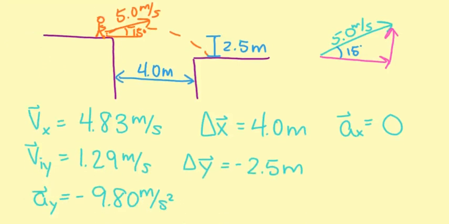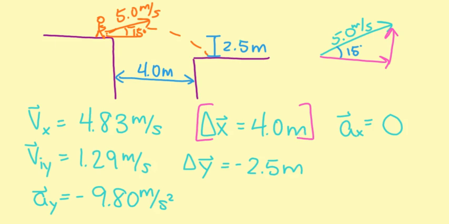The method that I'm going to show you is to figure out how much time it takes him to drop 2.5 meters, and then we'll see if he travels 4 or more meters during that time. In other words, this given, the delta x equals 4 meters, is not something that I'm going to use in my calculations.